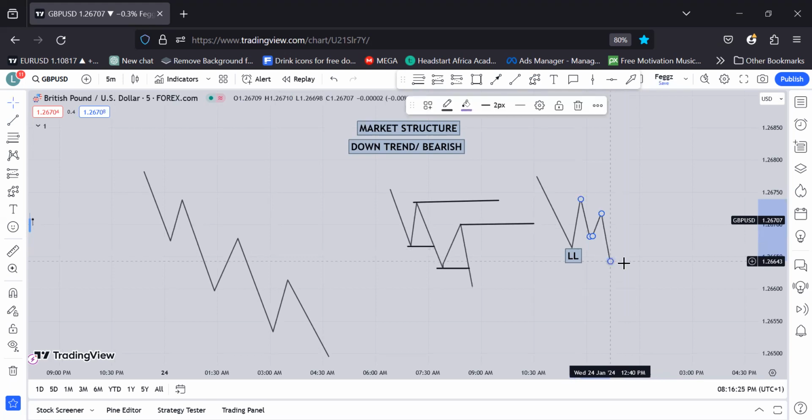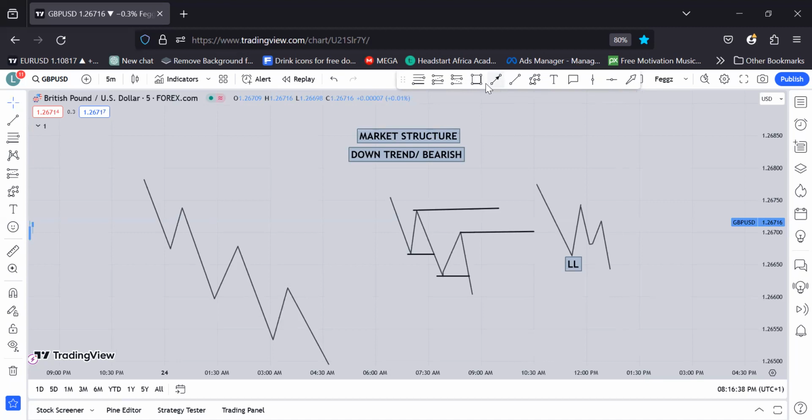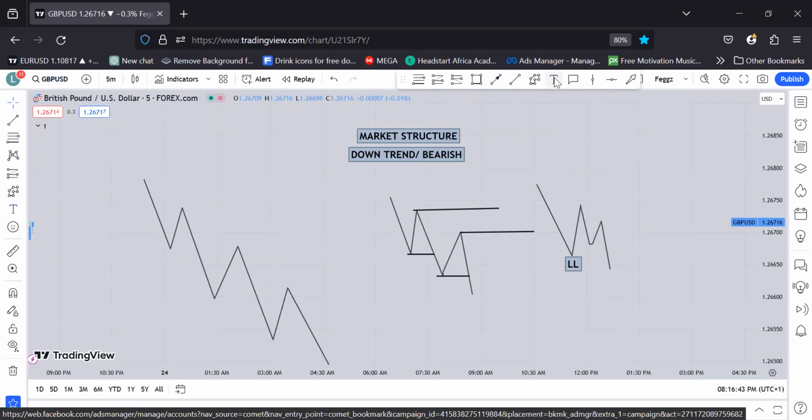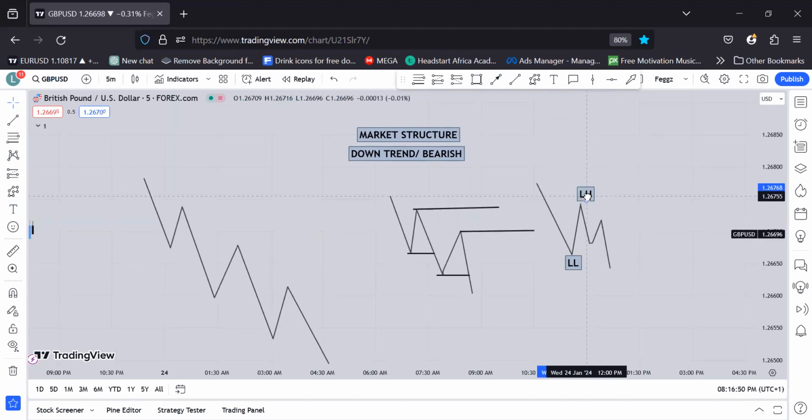Once it closes below the lower low, then what you can do is to label the zone that pushed price down. In this case, this becomes a lower high. Honestly, I would label here the lower high. Okay, let me not make it too complex.